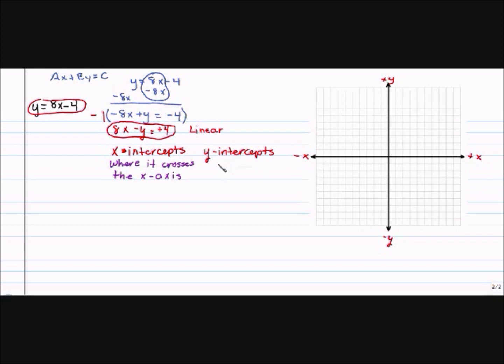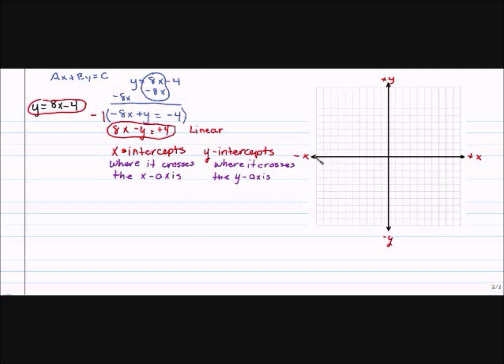And the y-intercept tells me where it crosses the y-axis. So you'll always have those 2 points, where it crosses the y and where it crosses the x. Okay, let me show you how to do that.